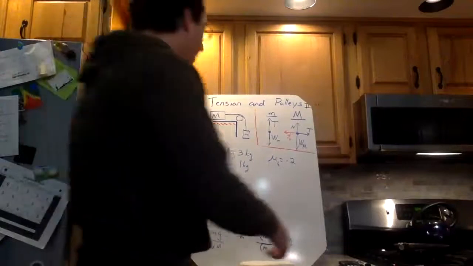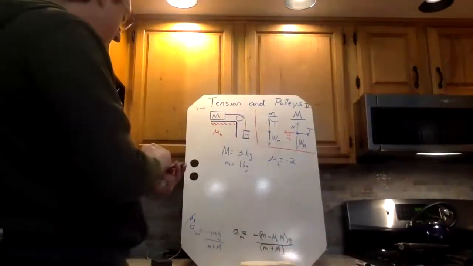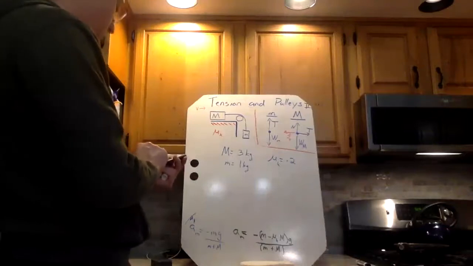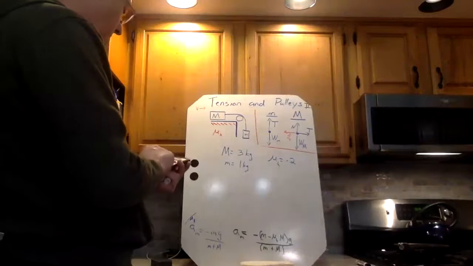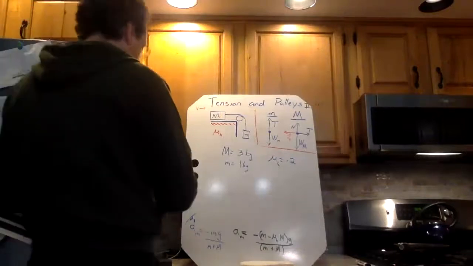Okay, so plugging in these numbers, we find without friction, we get an acceleration of minus 1 times 9.81 divided by 4.